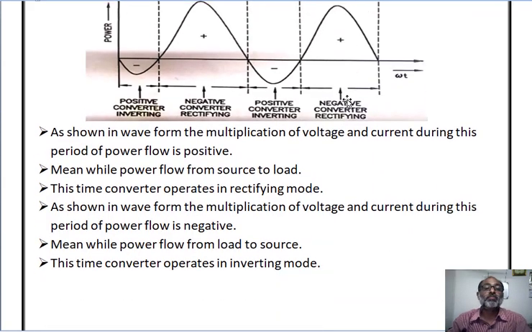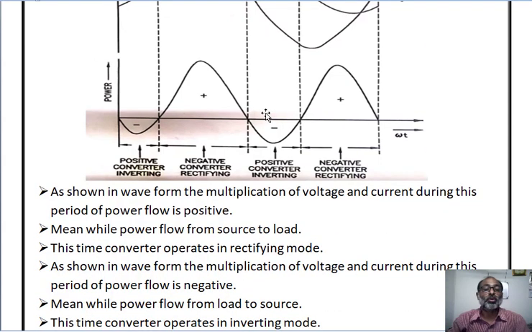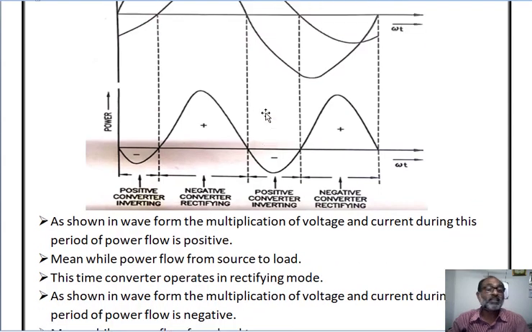As shown in this waveform, the multiplication of voltage and current during this period is positive, so the power flows from source to load, and this converter operates in rectifying mode.